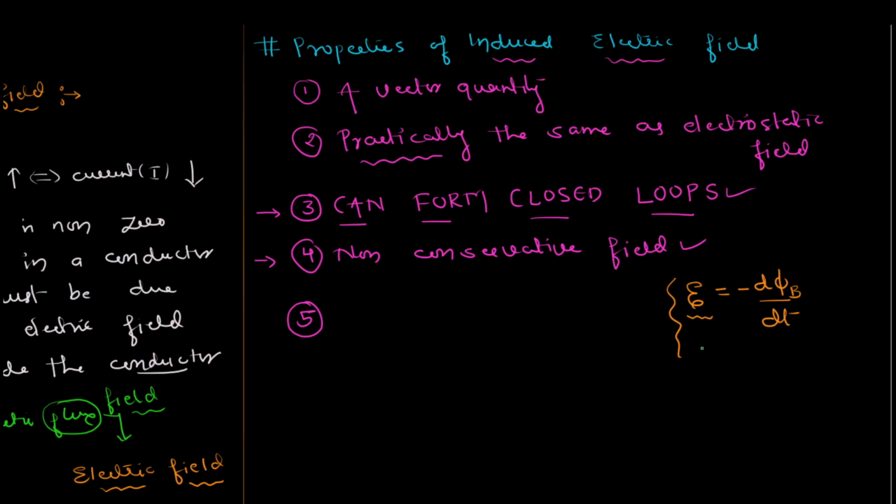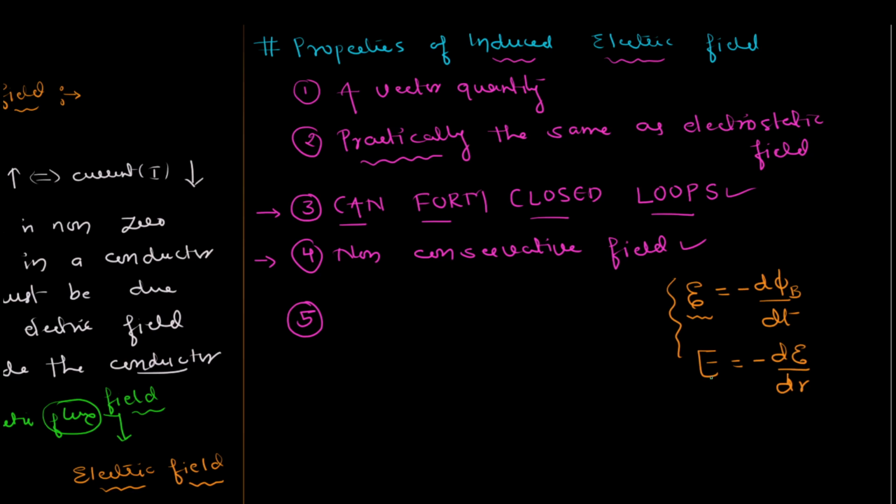What is that? I think I can write electric field E as minus dE by dr. Instead of dV by dr, I'm writing dE by dr, because EMF and potential difference are the same thing as long as the internal resistance is 0, right? So instead of dV by dr, I can write it as dE by dr.